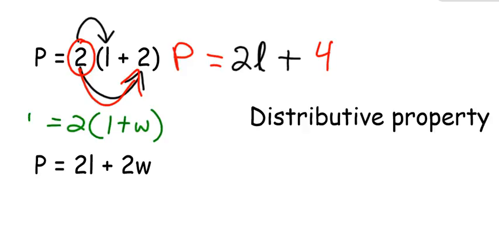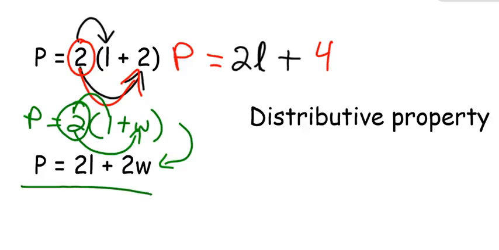In the end, we really came away with a problem that looked like this: 2 times L plus 2 times W. That's what distributing things is all about. It's taking what's outside the parentheses, applying it to both pieces, not just to one piece, and then coming up with a new equation that usually has a tendency to be easier to solve.